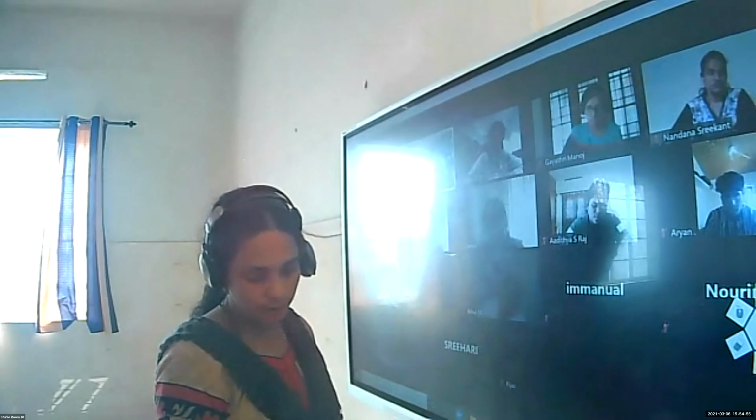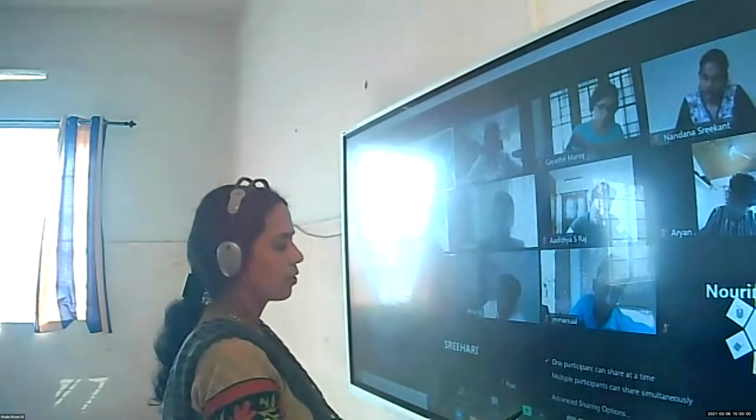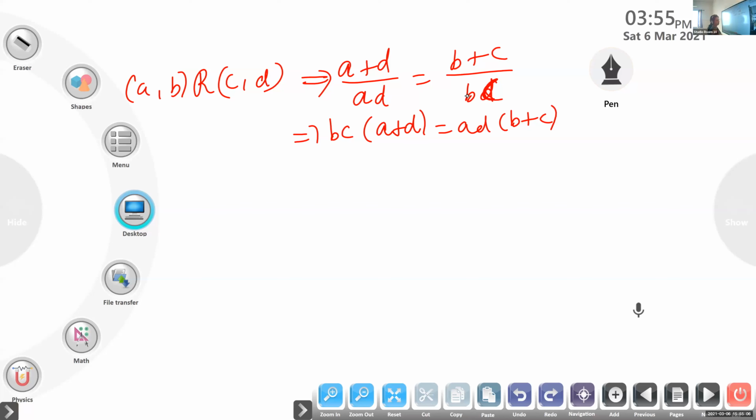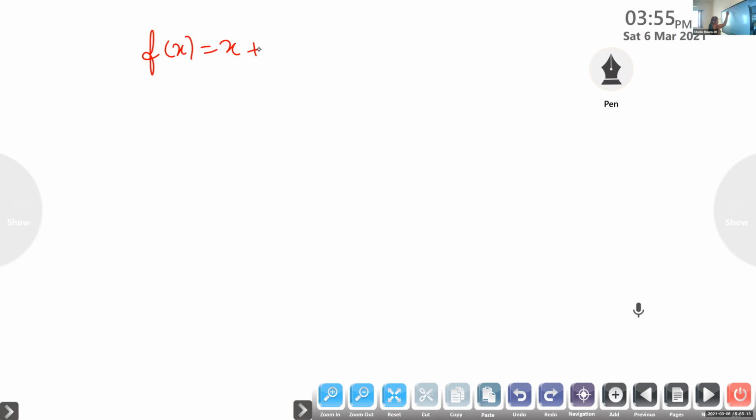Okay, write down. Let f from N to N be given by f of x is equal to x plus 1 if x is odd, and x minus 1 if x is even.